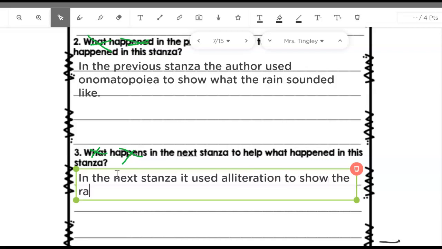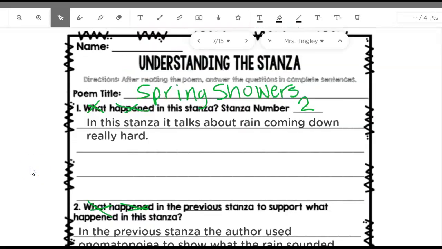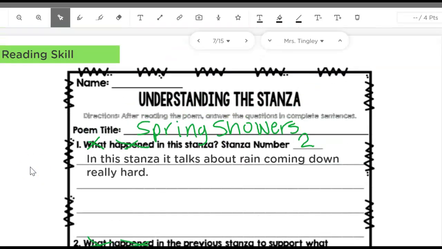To show the rain falling. Or I might even use splashing, because that's the word they used in stanza 3. Pause the video if you need more time to write this out, and this is all we're going to be doing with poems and stanzas for today. We'll look more into this in the rest of our lessons this week.